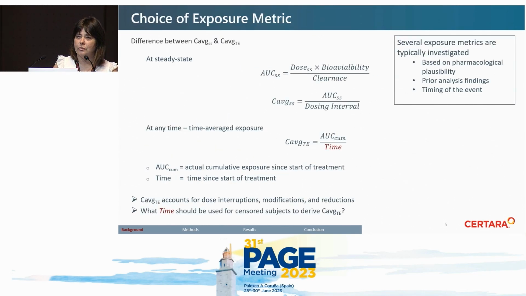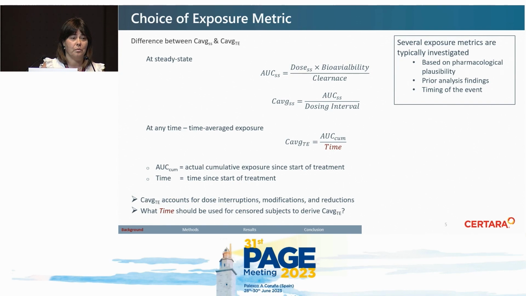So, of course, when you're doing an exposure response analysis, you're not looking at just one single exposure metric, and you might select the particular exposure metric that you're interested in very carefully as well. Often you look at multiple exposure metrics at the same time, and you might base that, hopefully, on pharmacological plausibility.